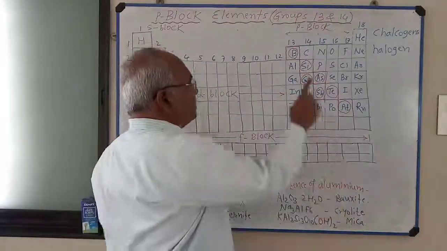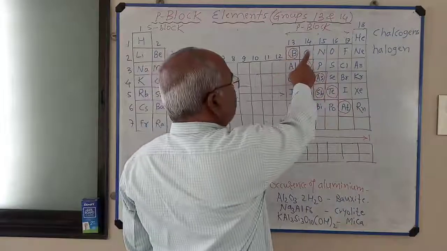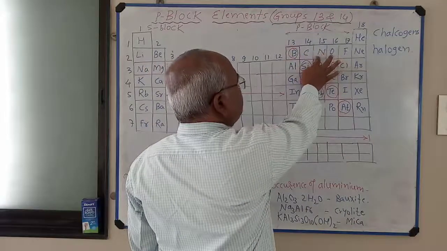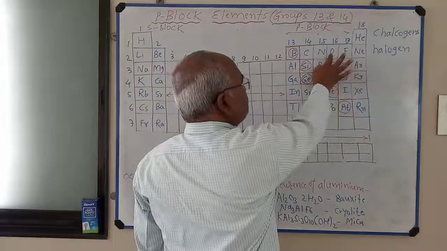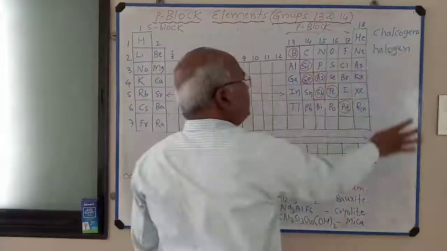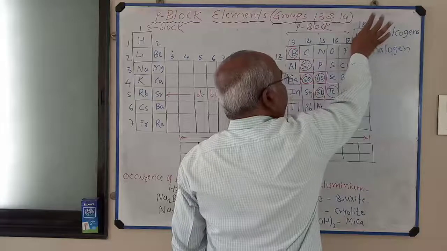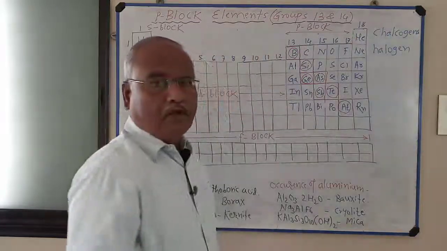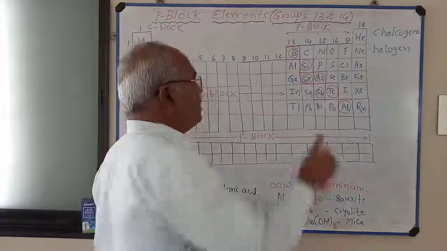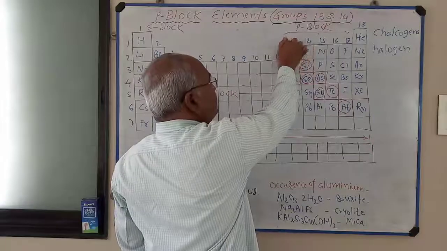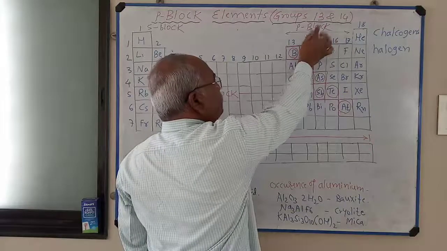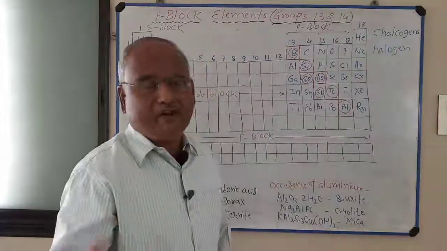So remember, boron family, carbon family, nitrogen family, oxygen or chalcogen family, fluorine or halogen family, and inert gases. In this year, we are going to study group number 13 and group number 14 elements.